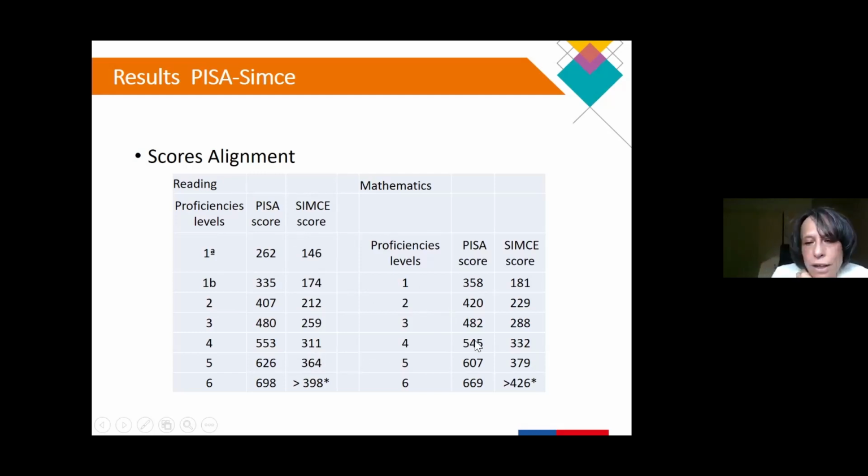This was very useful for us because this alignment helped us to set performance standards for our SIMCE national assessment, because level 2 is what is expected in PISA, so we could set our national performance standard according to an international benchmark, let's say.